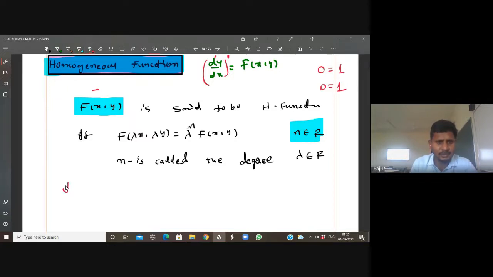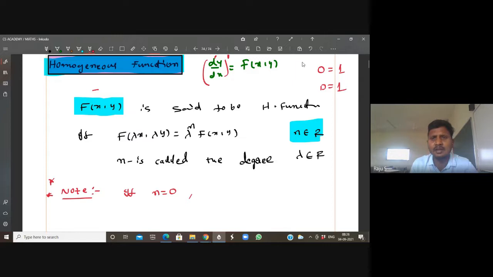This condition you have to remember. This is an important note: if n is equal to 0, the degree becomes 0.